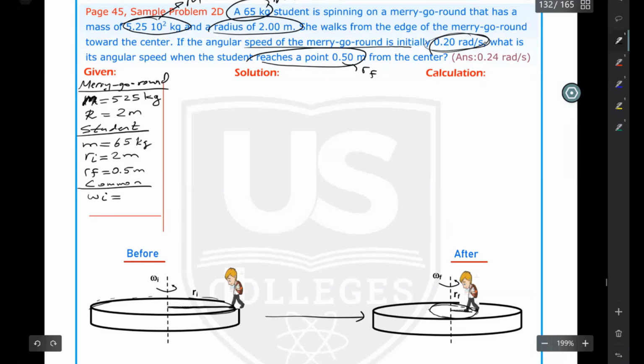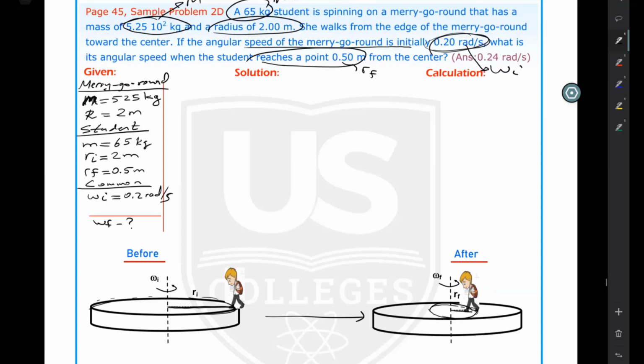Both have an initial angular speed of 0.2 radian per second. Question, common again: what is the final angular speed? Calculate that final angular speed. So these are the given of this problem. Two components: merry-go-round, capital M, mass is 525, radius of the merry-go-round is 2.